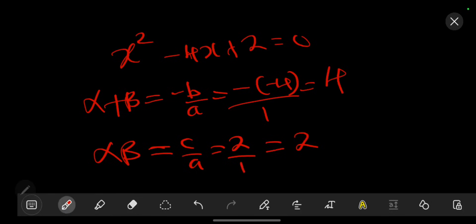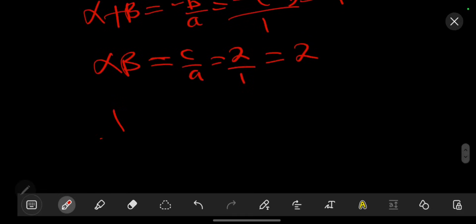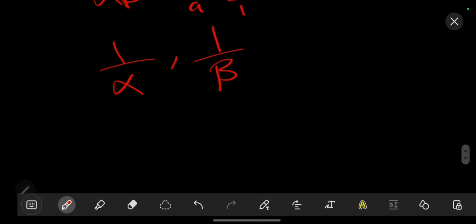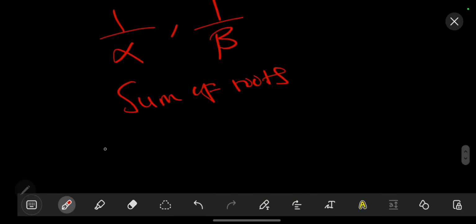Now, to find the equation that has roots 1 over alpha and 1 over beta, you are going to say sum of roots. The sum of roots is equal to 1 over alpha plus 1 over beta.